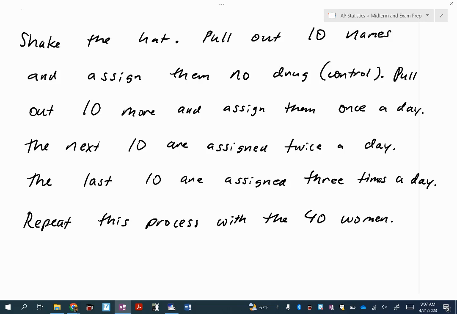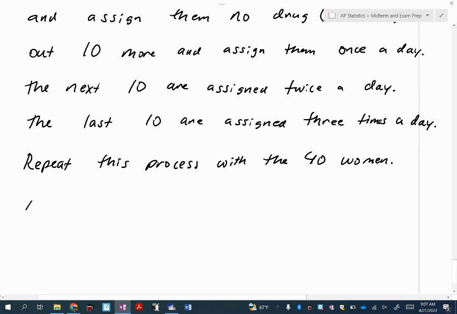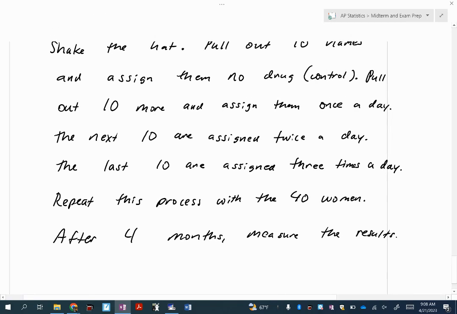I would say 3 months or 6 months would be probably my minimum. A year would be good. Can we do 3 months, please? Sure. After 4 months, measure the results. All right, that was a lot.